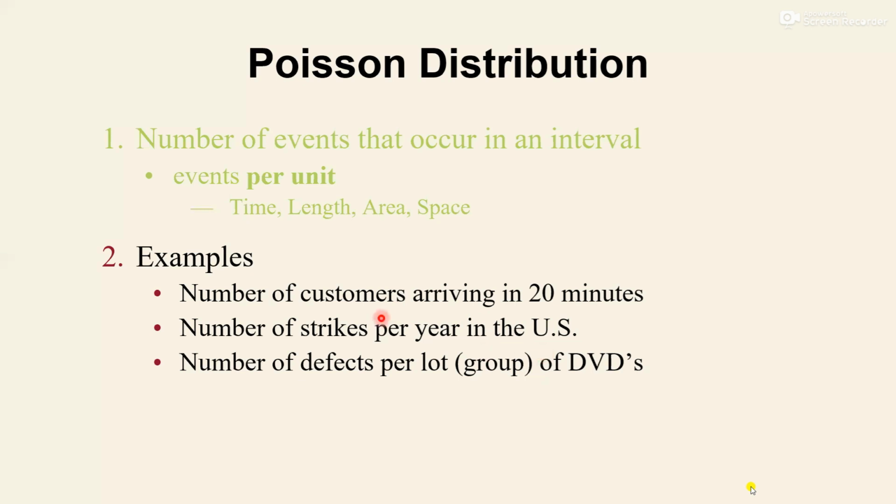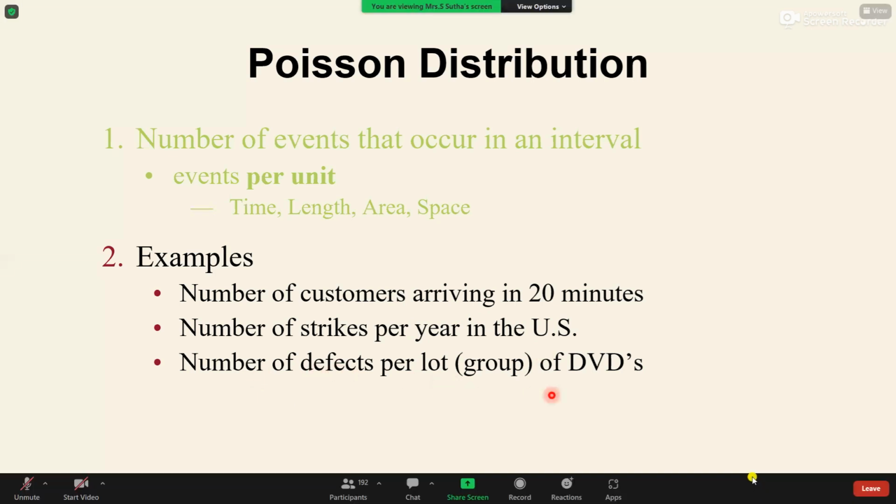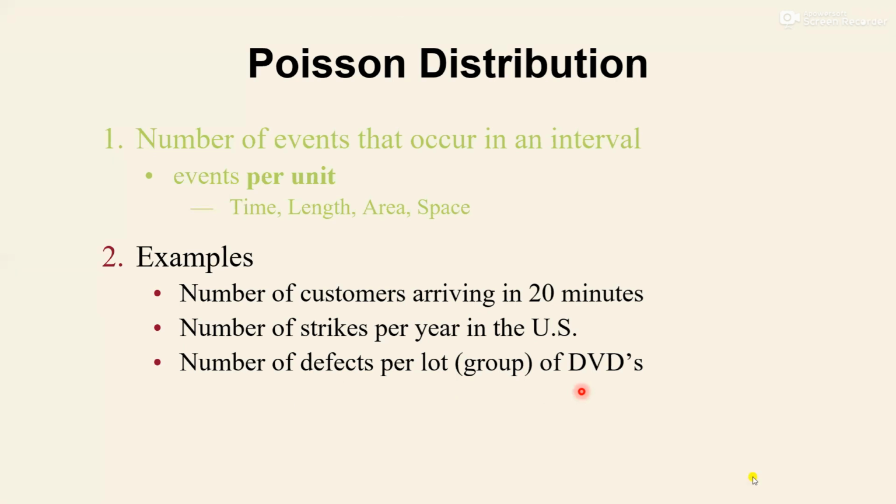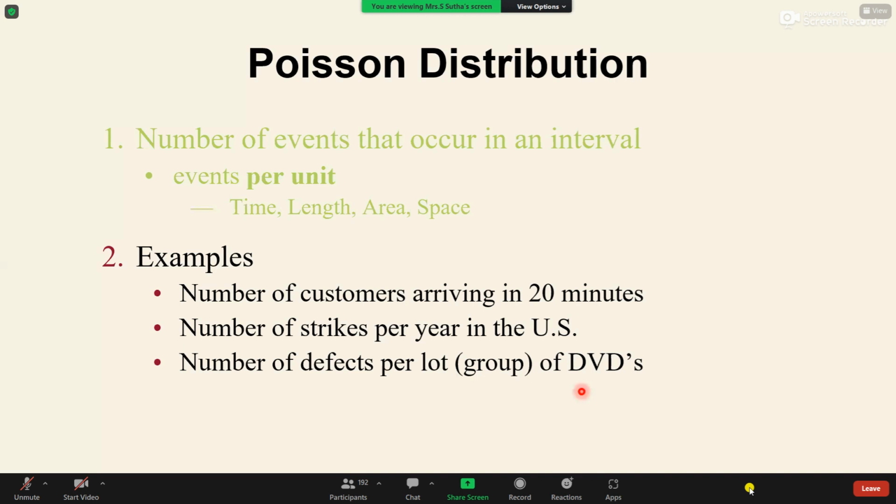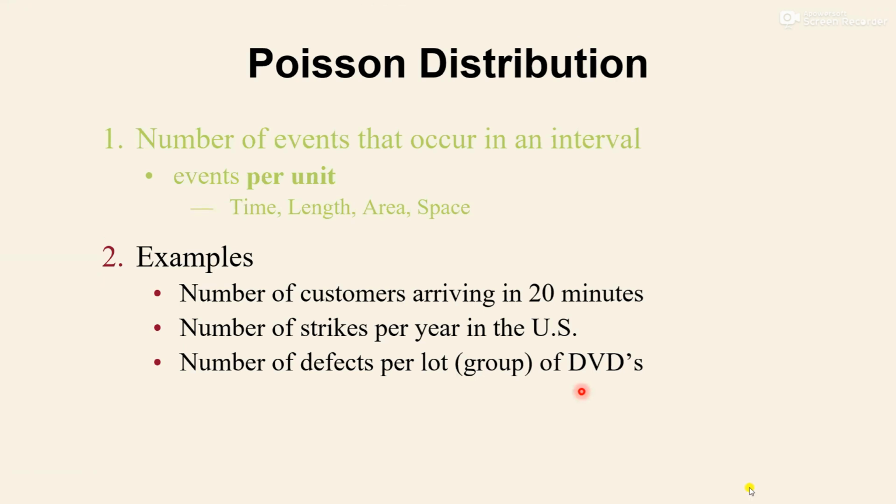Then here also number of defects per lot of DVDs. We are not taking only 5 or 10 DVDs. Here we are taking a group of DVDs, and in the group of DVDs, it may be 1,000 or 10,000 DVDs. Then we are looking at the number of defects.